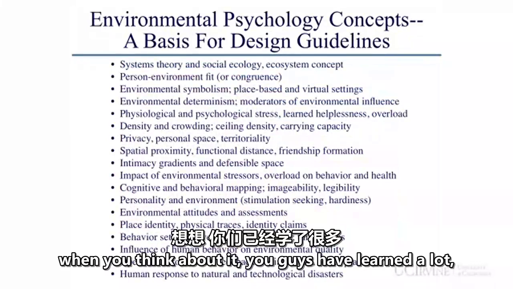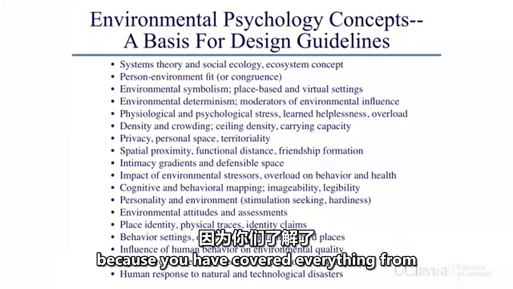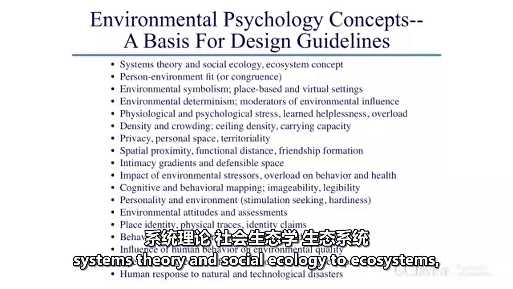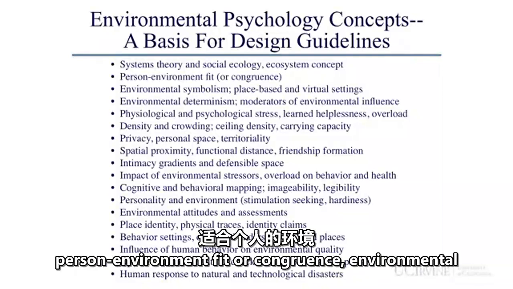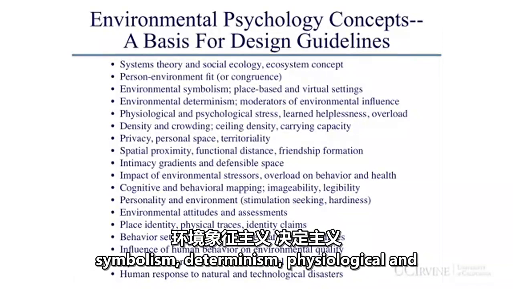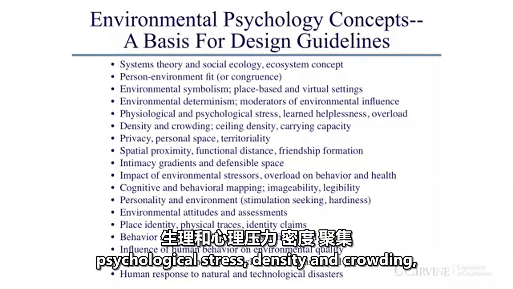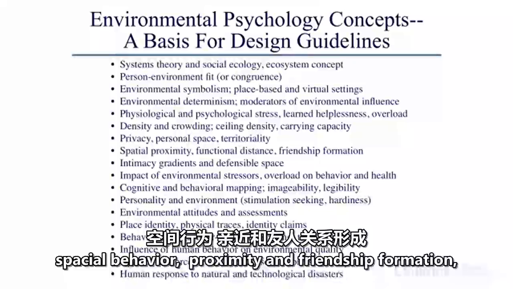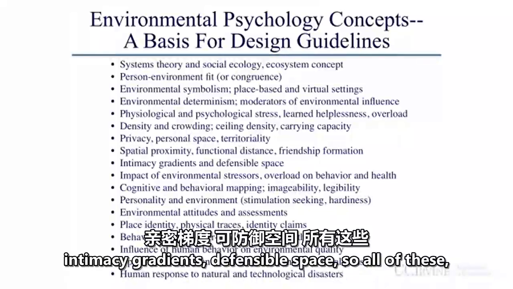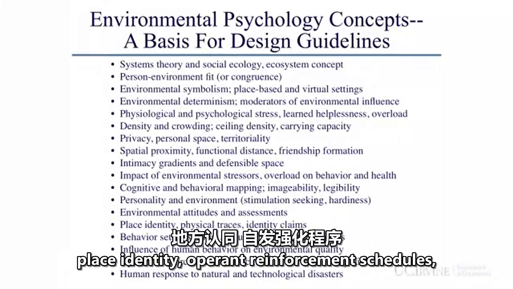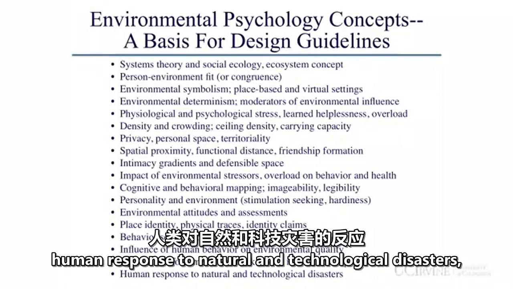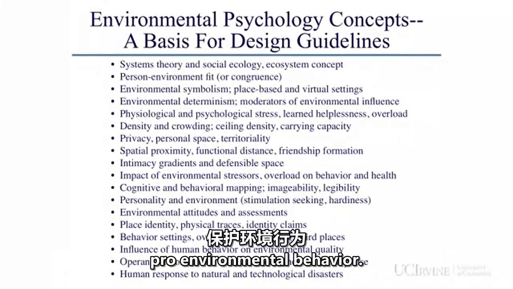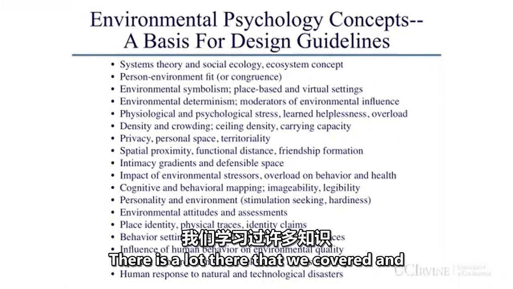And when you think about it, you guys have learned a lot because you've covered everything from systems theory and social ecology to ecosystems, person-environment fit, congruence, environmental symbolism, determinism, physiological stress, psychological stress, density, crowding, spatial behavior, proximity and friendship formation, intimacy gradients, defensible space, place identity, operant reinforcement schedules, human response to natural and technological disasters, pro-environmental behavior. There's a lot there that we've covered and that you've learned about.